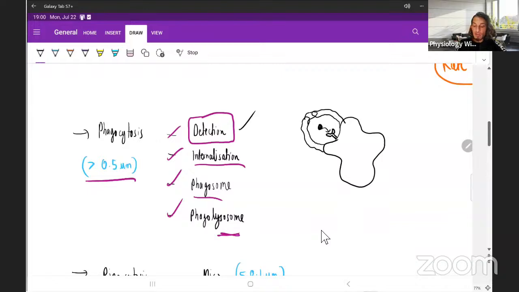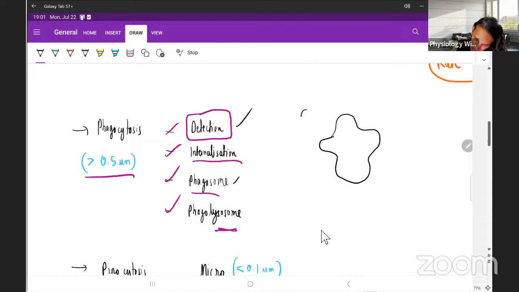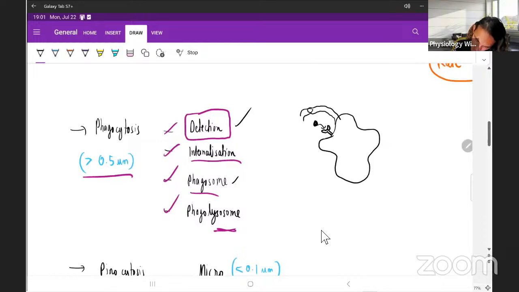When it gets internalized, for phagosome formation, there will be minimal fluid. Instead, it'll be more localized. The substance that is being taken in goes inside, and a small vesicle with the substance will be present with very minimal fluid.